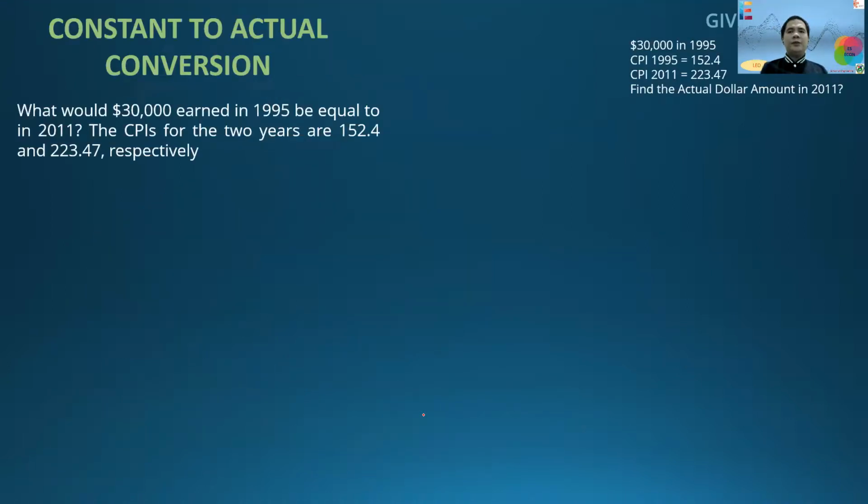Say for example, you have a certain problem: what would your 30,000 earned in 1995 be equal to in 2011? The CPIs for the two years are 152 and 223 respectively.